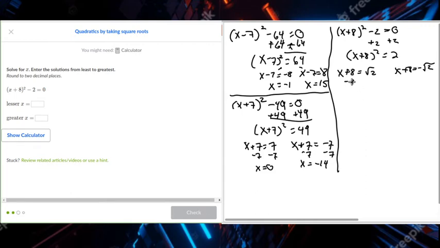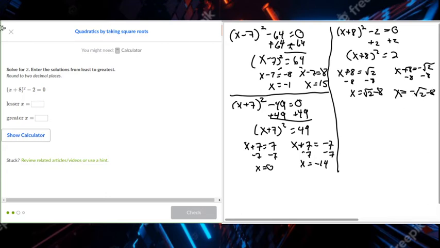All right, so I'm going to subtract 8 from both sides, and I'm going to have x is equal to square root of 2 minus 8. And I'm going to subtract 8 from both sides, and we're going to have x is equal to negative square root of 2 minus 8.